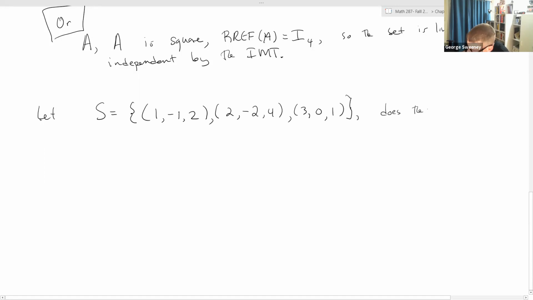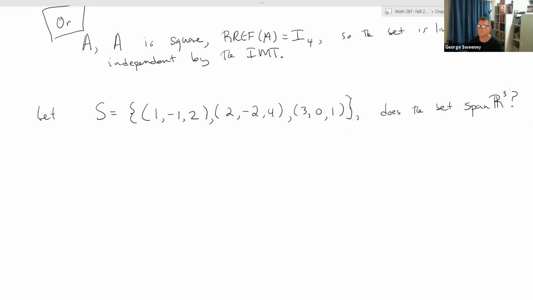Does the set span R3? So does this set span R3? And how do you know?